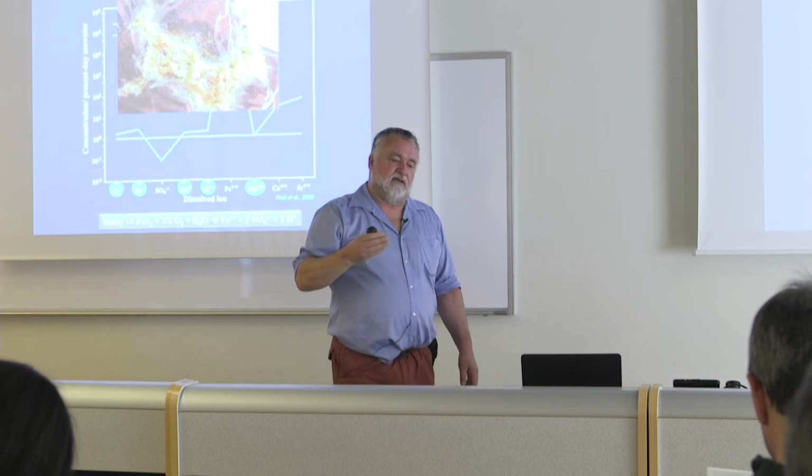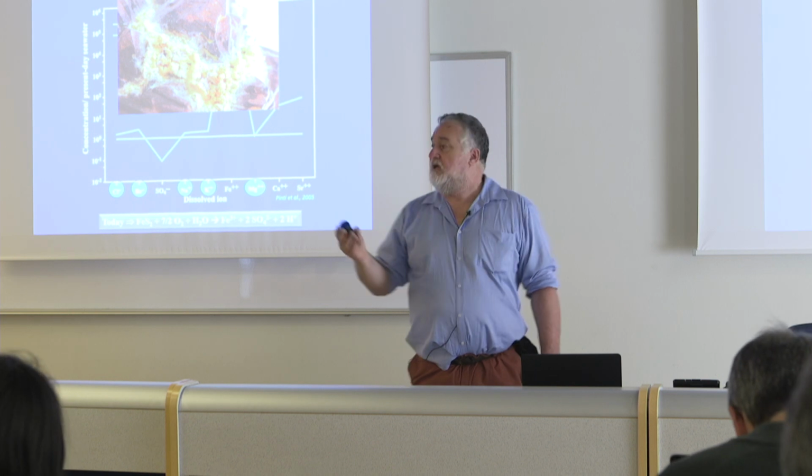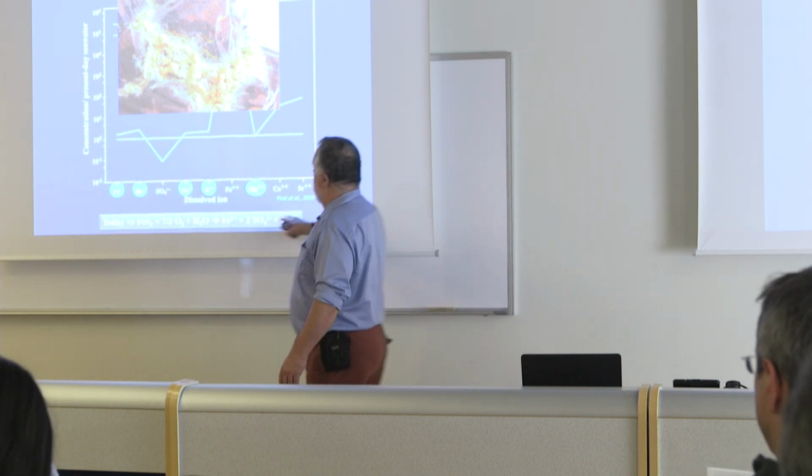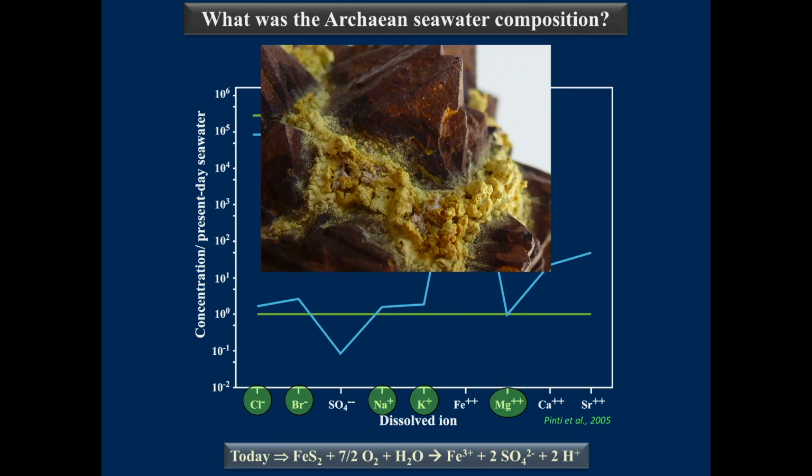The problem is that on the early Earth, there was no dioxygen in the atmosphere. So this reaction was not possible during the Archaean. The sulfate remained in the minerals and did not go to the ocean. This is the reason why we have a depletion of sulfate in the Archaean ocean: there was no oxygen in the atmosphere allowing this kind of reaction.